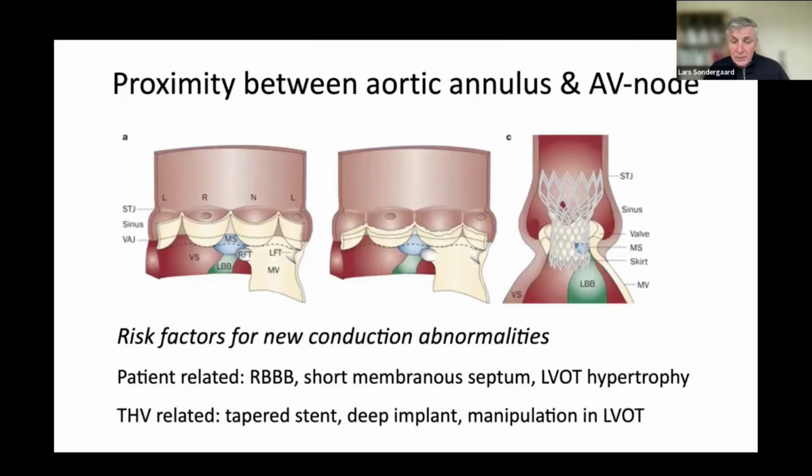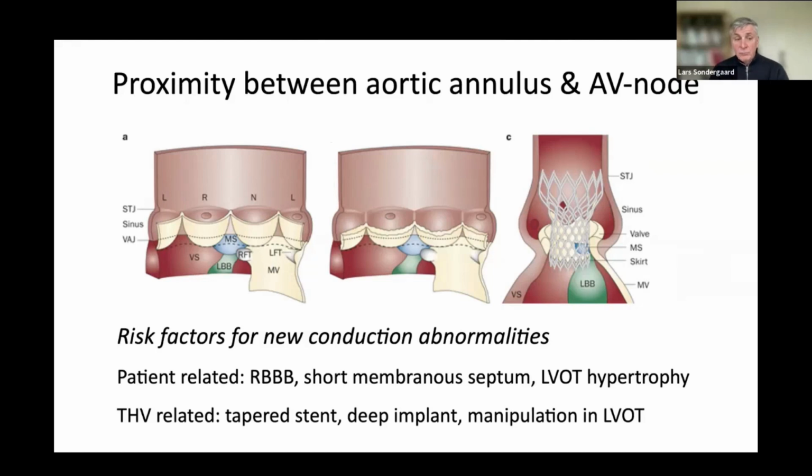I think we all know that it's due to this very close proximity between the aortic annulus and the conduction system. They're actually only separated by the membranous septum, and some people would try to look at the length of the membranous septum from the pre-procedural CT scan. There will be some patient-related factors for the risk: right bundle branch block, short membranous septum, as I said, left ventricular outflow tract hypertrophy.